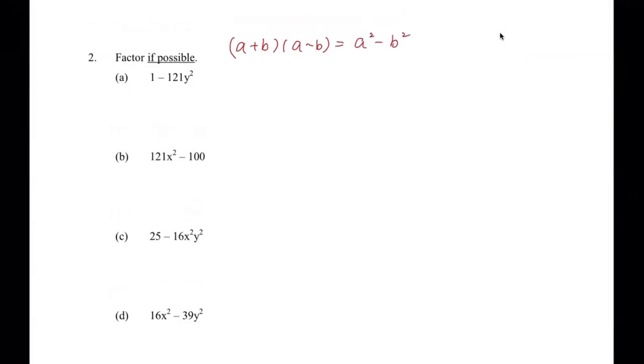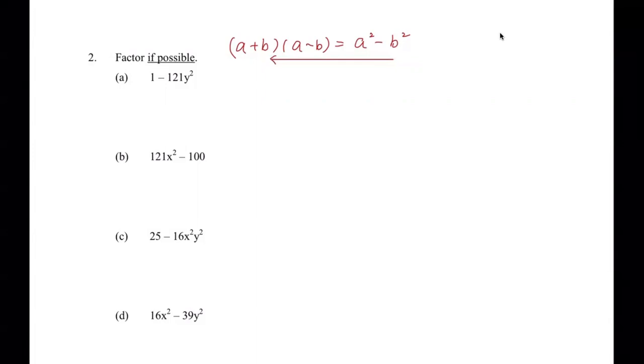In the second section of this lesson, we are going to look at this equation from the right side to the left side. So when we see an expression of this form, we need to be able to realize that it can be written as this form. Okay, so let's look at some practice questions.